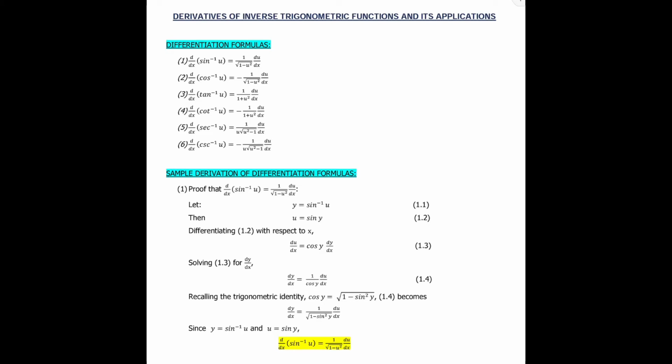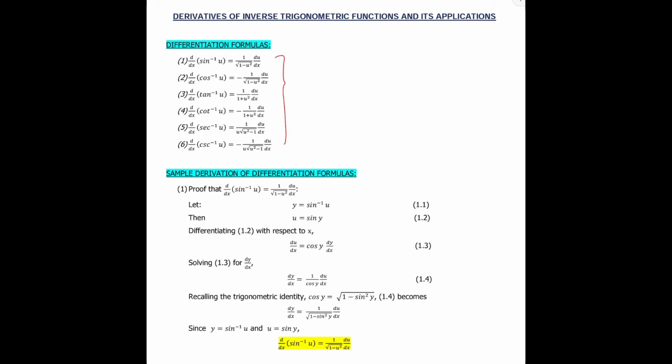So makita nato diri, class, that there are also six basic differentiation formulas or rules involving inverse trigonometric functions.